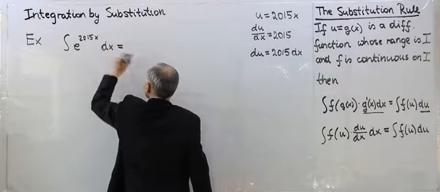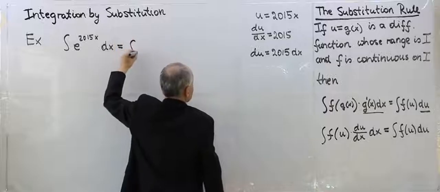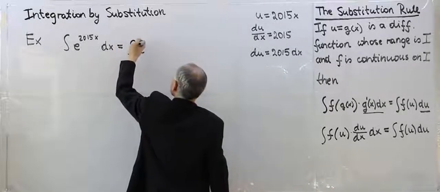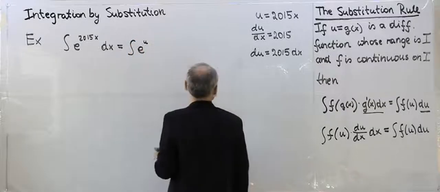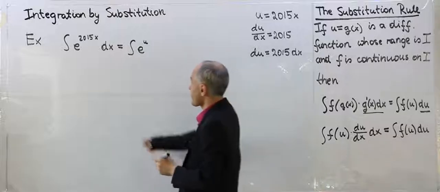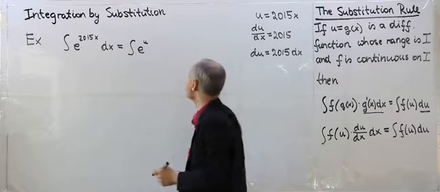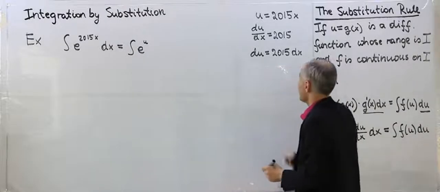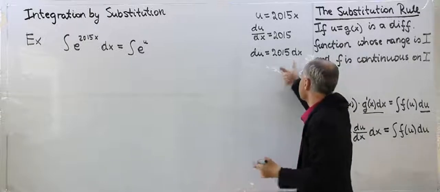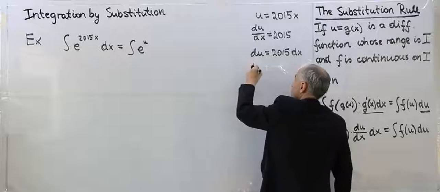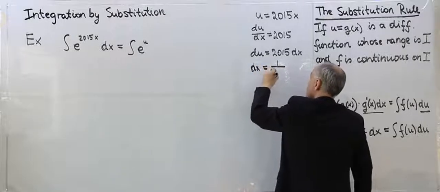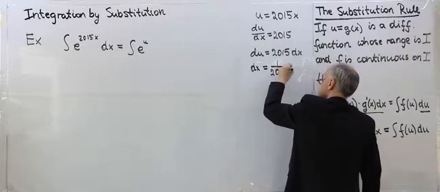So then our integral will be the integral of e to the power u. And now I need to replace dx with du times something, right? So from this equation I can find what dx is. dx is equal to 1 over 2015 du.